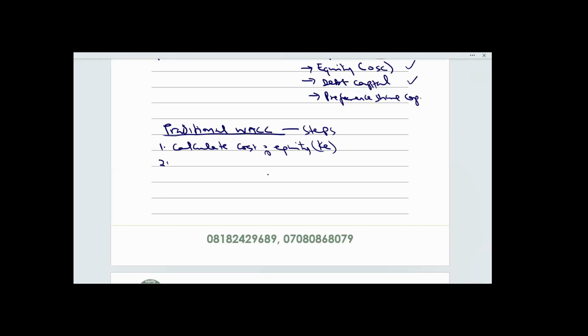Then number two, you go to the balance sheet under the financing side, that's the capital structure. Identify if you can see preference share capital. If the company has preference share capital in the balance sheet, then you need to calculate cost of preference share, KP. Also, it is possible that the company has financed its operation with debt capital, either through bond, debenture, loan note, or even bank loan.